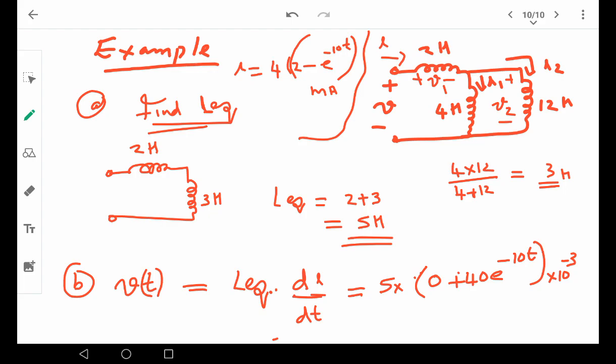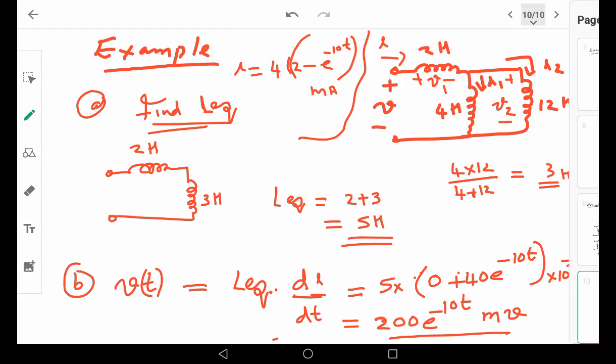Okay, so it will come to be 200 e raised to minus 10t millivolt. That's the value of Vt, right?